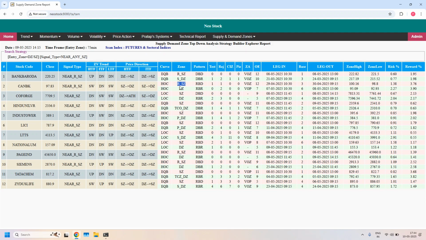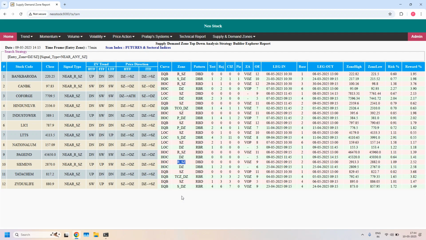Canara Bank is having a high liquidity 75 minute supply zone. Page Industries is having a 75 minutes high liquidity supply zone. Siemens is having a 75 minutes high liquidity supply zone. So in total we identified 4 75 minutes high liquidity supply zones from this list.